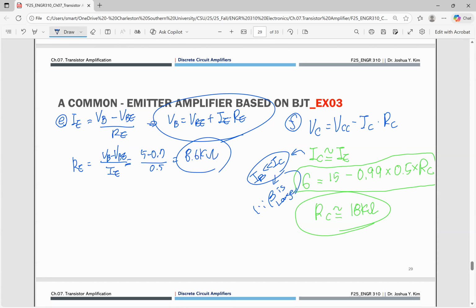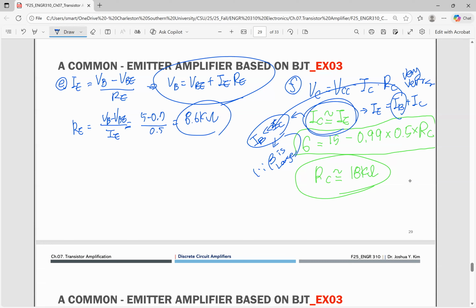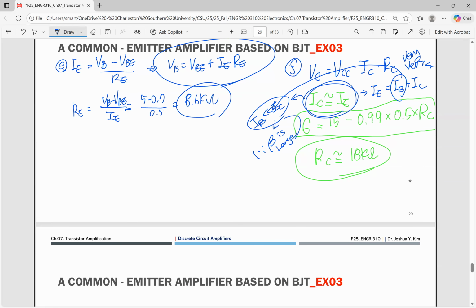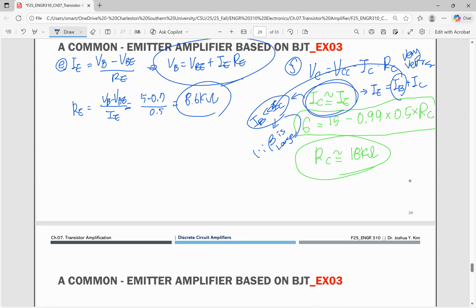Again, I sub E is I sub B plus I sub C, and I sub B is very, very small. So usually when we calculate, I sub C and I sub E are really similar. It's not significant. All right, so this would complete the bias design.